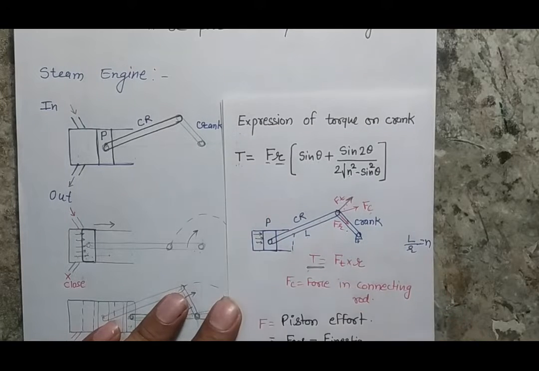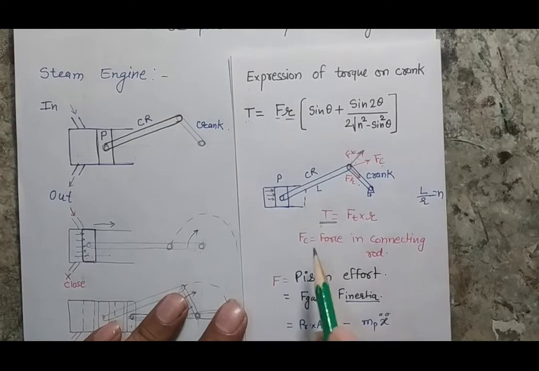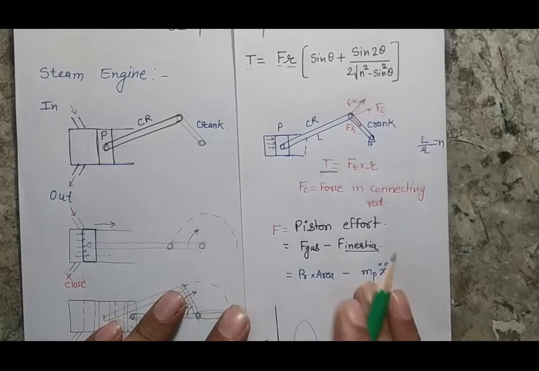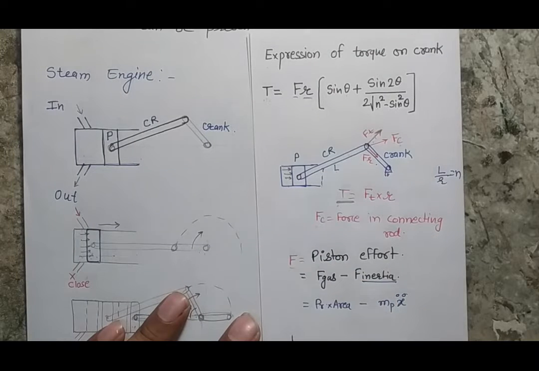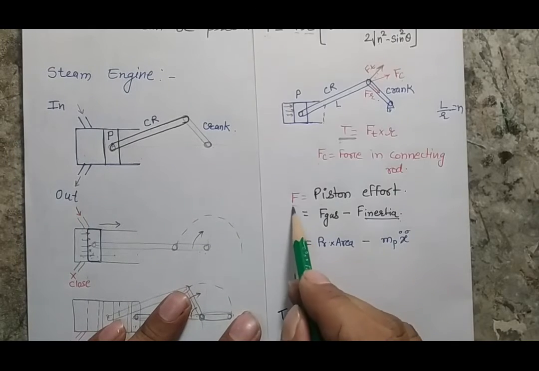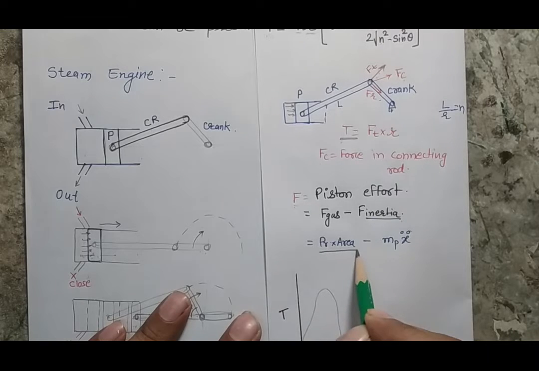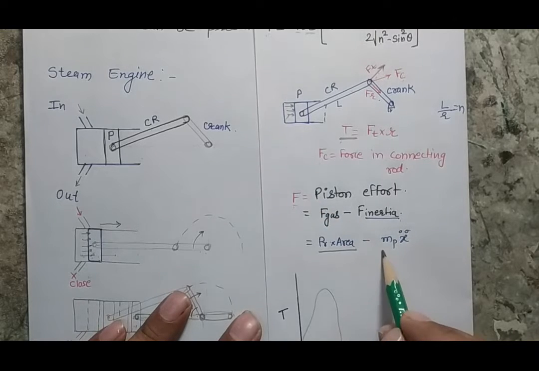If you are interested, you can see my other video. This F is the piston effort, which is basically a combination of two forces. One is the force because of the steam or gases, another one is the inertia force. So my piston effort will be pressure into area because of these gases, plus the inertia force.